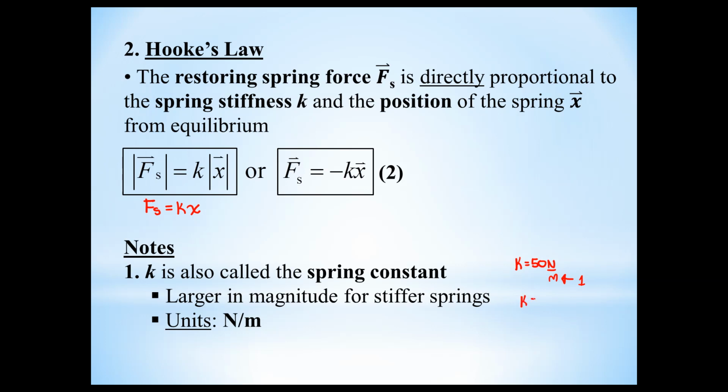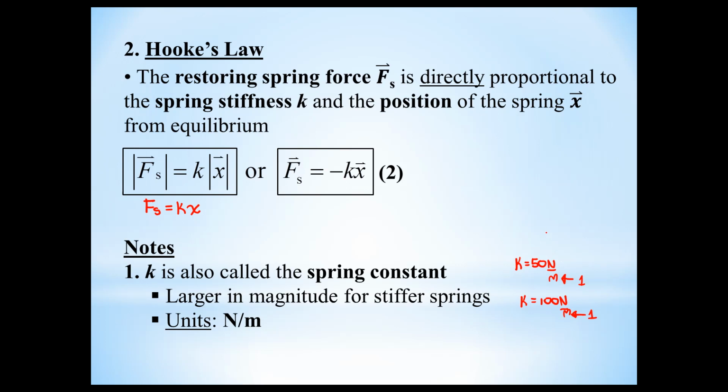If you had a larger spring stiffness or constant, 100 newtons per meter, then it means if you took that same spring and you stretched it by, again, a 1 meter distance, this time around the object would be subjected to a much larger force, 100 newtons.